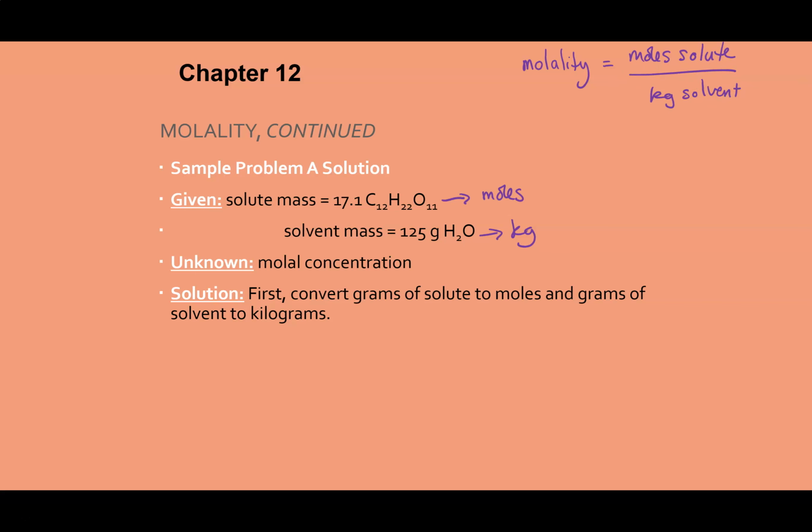The units we need mean that in order to go from grams to moles in this first one, I'm going to need a molar mass. For this one, I'm going to need to know that 1 kilogram is 1,000 grams, because in converting grams to kilograms, you know what we're going to do.